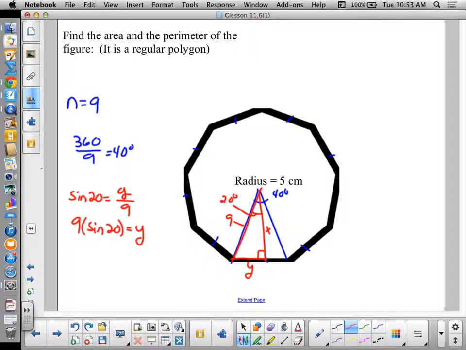Oh, I'm sorry. Oh, gee. 9 is the number of sides. Sorry. I was wondering suddenly where I got 9 also. So 5 times sine 20.